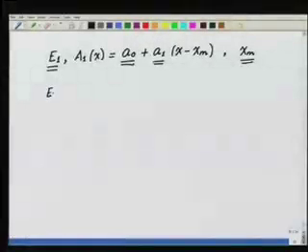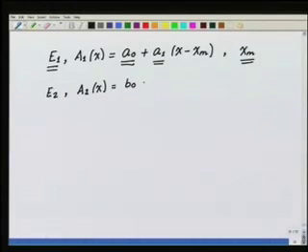Next, we have to input, for the second part of the domain, E2. A2 as a function of X is equal to B0 plus B1 into X minus Xm. So for the first part of the domain, we input these two things.